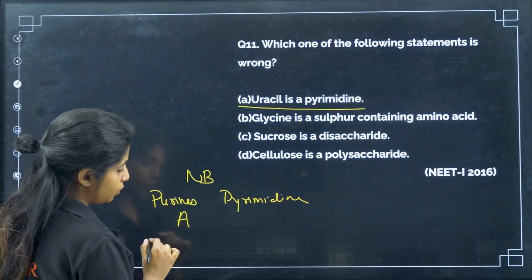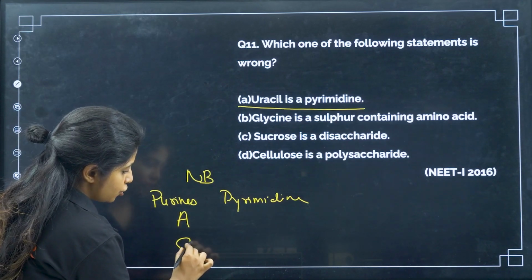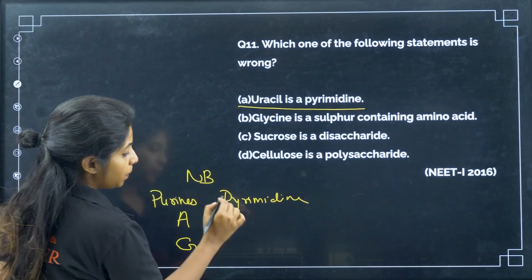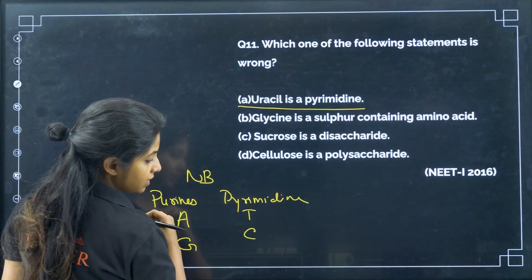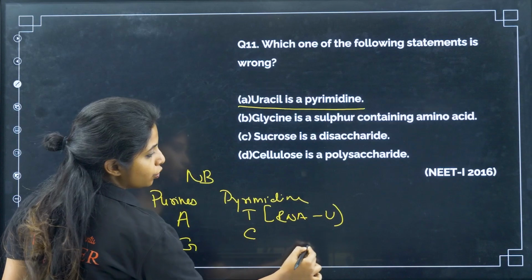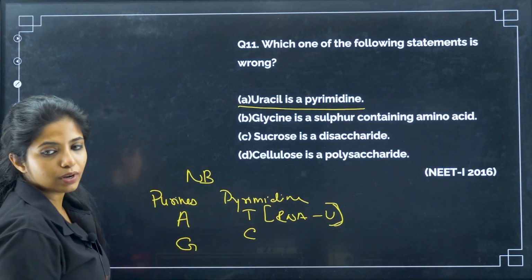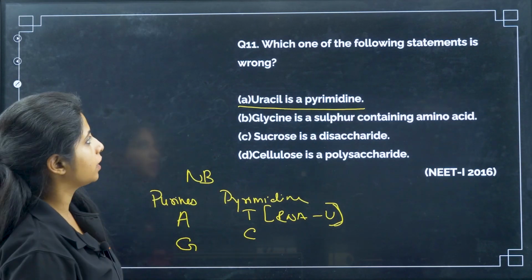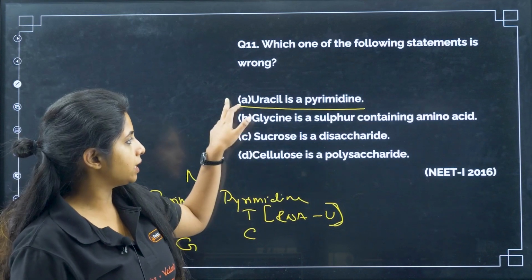In purines you have A and G, my dear children, adenine and guanine. In pyrimidines you have T and C. Apart from T, in the case of RNA, it has uracil. Always remember that. So uracil is a pyrimidine, that is correct.